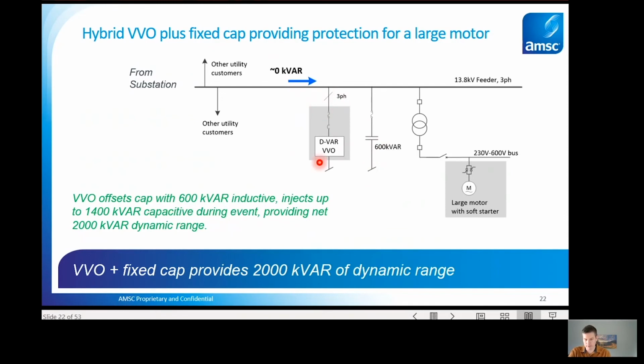And then when that motor starts, the VVO is able to swing from negative 600 kVAR all the way up to its 1400 kVAR, and then you add that capacitance, which gives you the 2000 kVAR. So it's a very cost-effective way to scale the solution up to bigger motors when a single VVO won't necessarily cancel all the VARs. We call this the hybrid configuration.